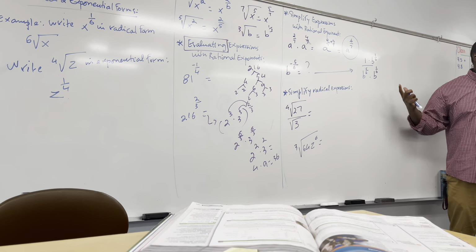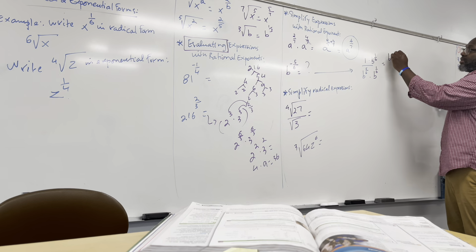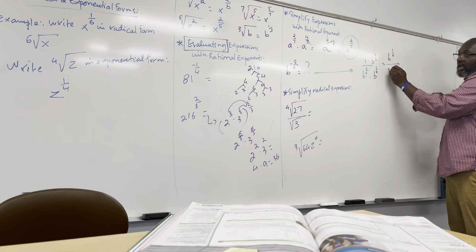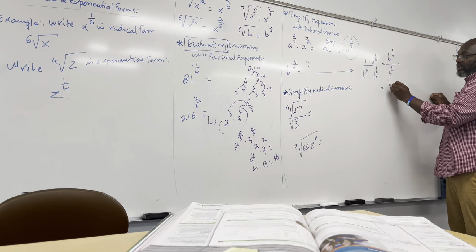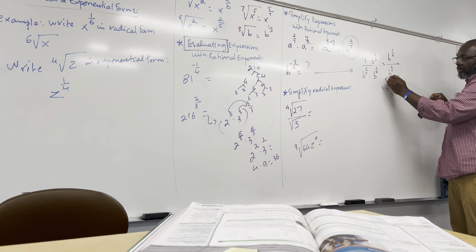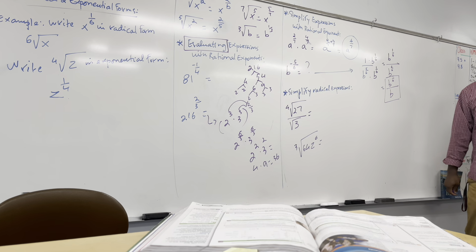On the top, I have b to the 1 over 6. On the bottom, I get b to the 6 over 6. So this is basically b to the 1 over 6 over b. And this is where you stop, because you rationalized the denominator.